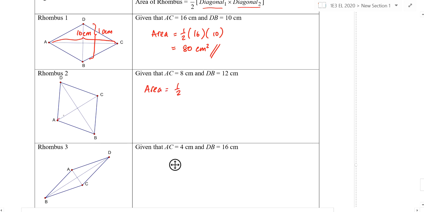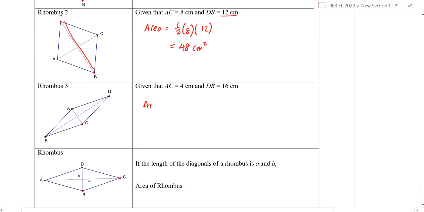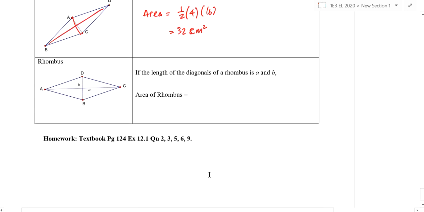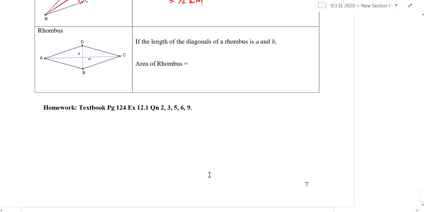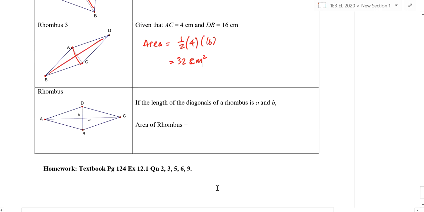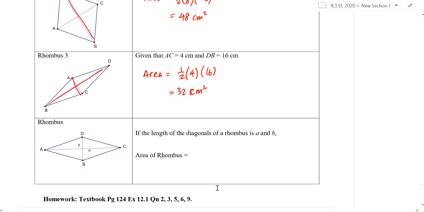Now AC is one of the diagonals, so BD is the other diagonal, given to be 12. So 4 times 12 gives us 48 square centimeters. Next, area is half times the diagonal. AC is 4, BD given to be 16, so 32 square centimeters. Next, if the lengths of the diagonals of a rhombus are a and b, then the area is half times ab.